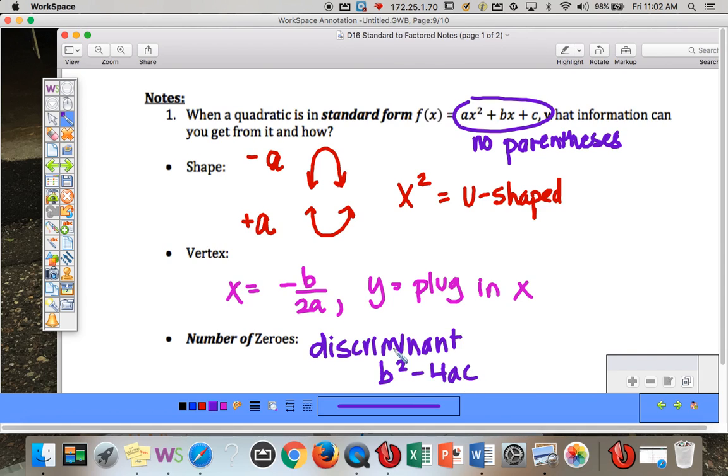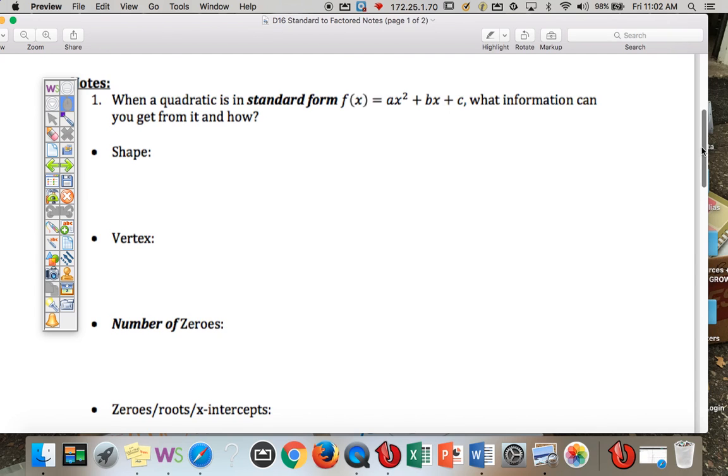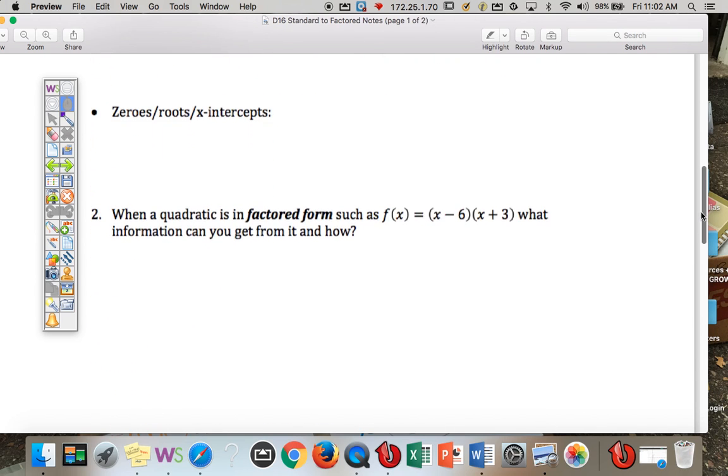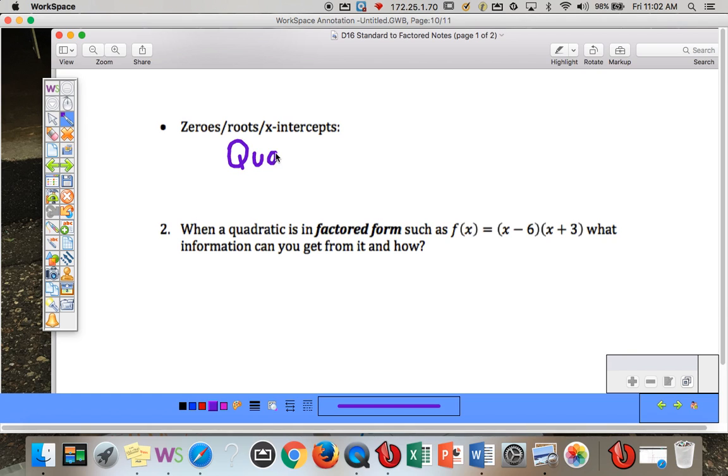That'll tell us how many zeros there are, how many x-intercepts, 0, 1, or 2, by looking at if it's positive, negative, or 0. And you can find the zeros by using the quadratic formula, or you could graph it. So standard form tells you a lot about the equation.